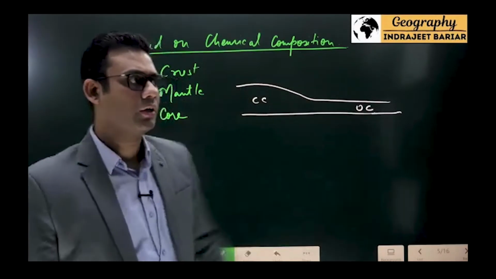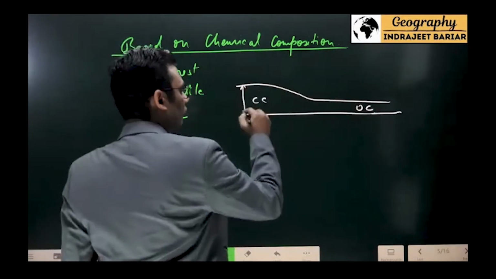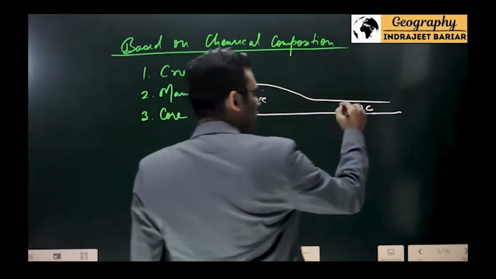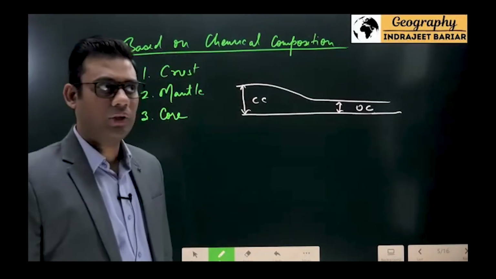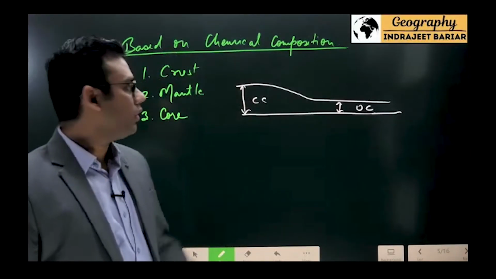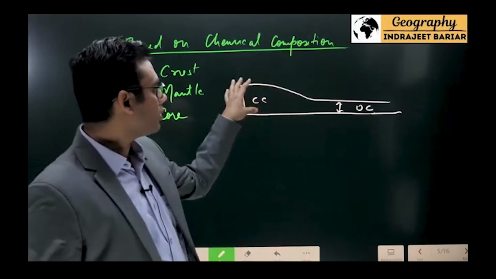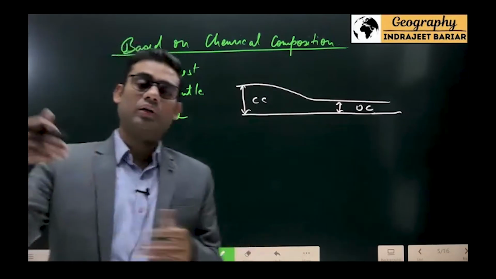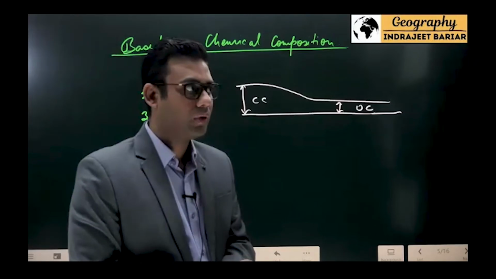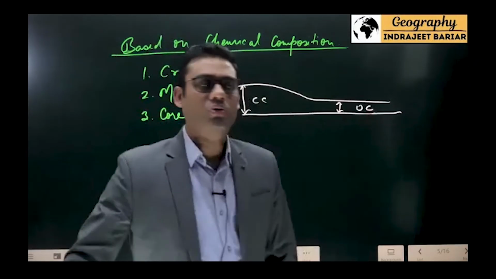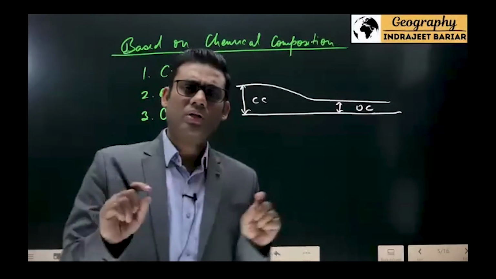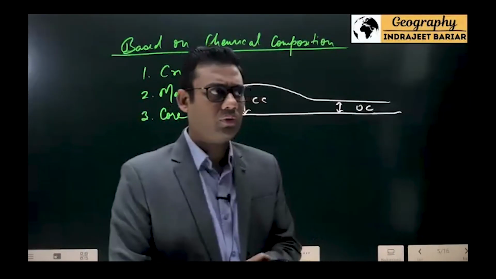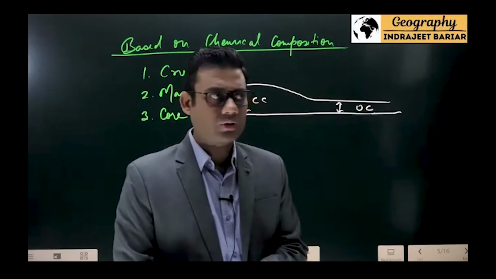Continental crust is thicker; oceanic crust is thin. The average thickness of continental crust goes up to 30-35 kilometers, while the average thickness of oceanic crust is in the range of 5 to 8 kilometers. So obviously there is a significant difference in thickness.